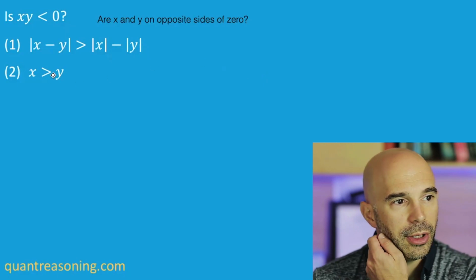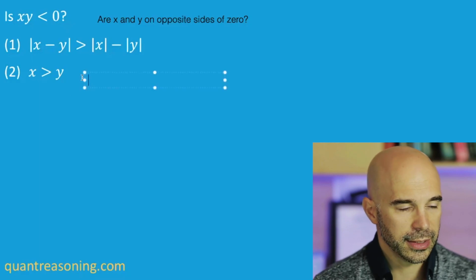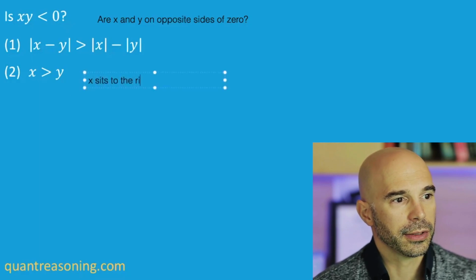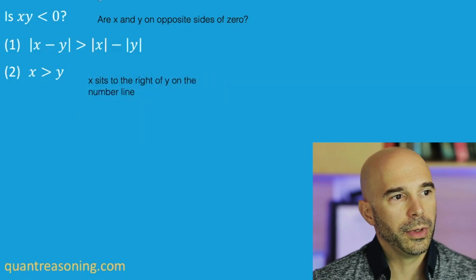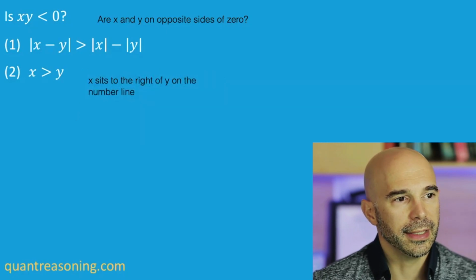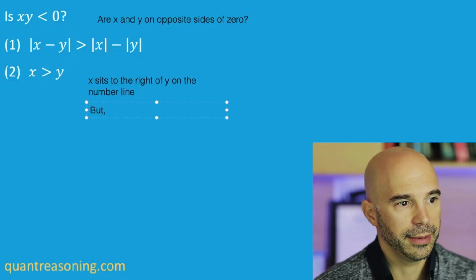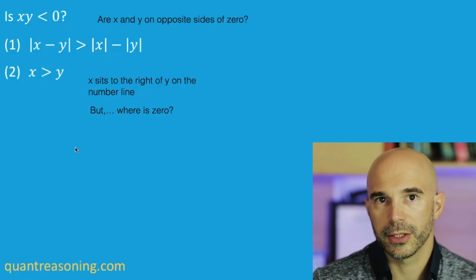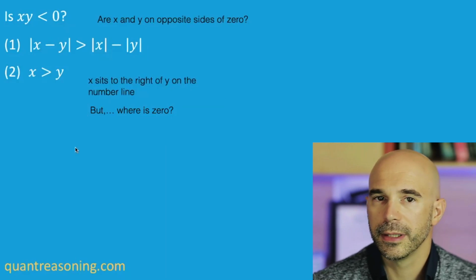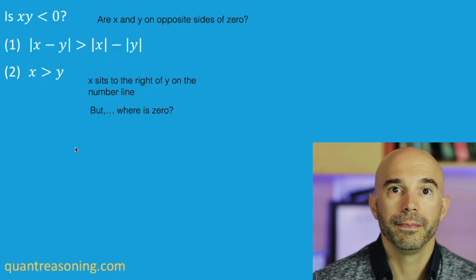As you said, all statement 2 tells us is the relative order of x and y, so we could say x sits to the right of y on the number line. But then when we look back to what our question was asking, we would be forced to ask, but where is 0? Is 0 in between them? If so, that's a yes. If 0 is not in between them, that would be a no to the question.